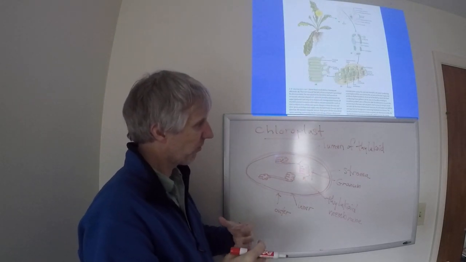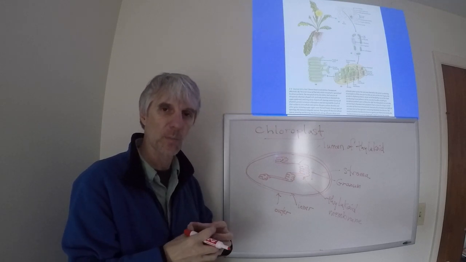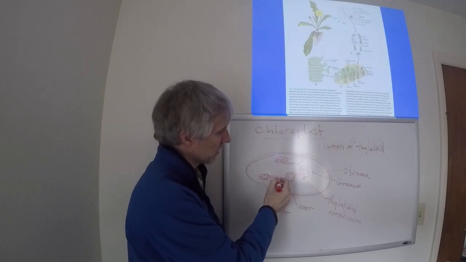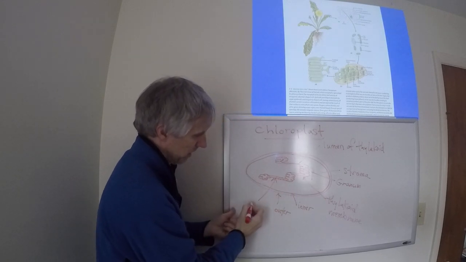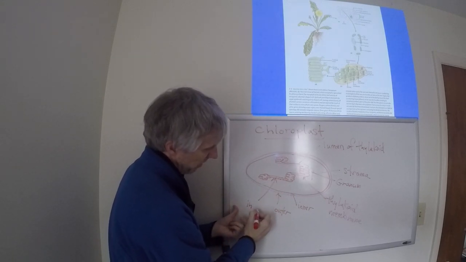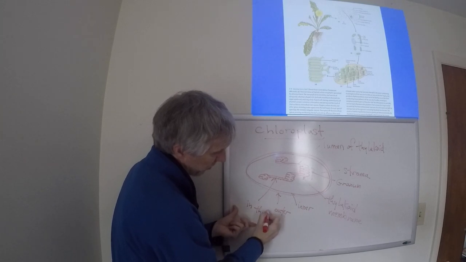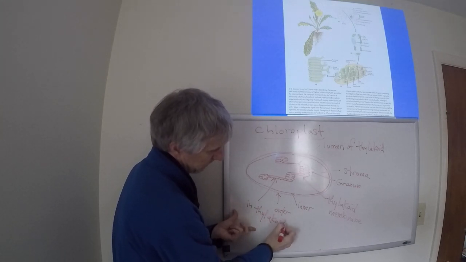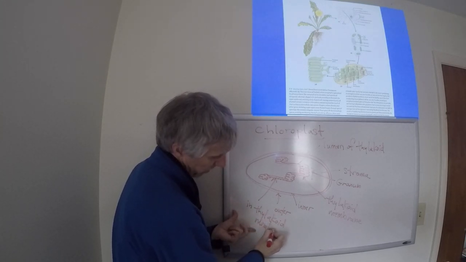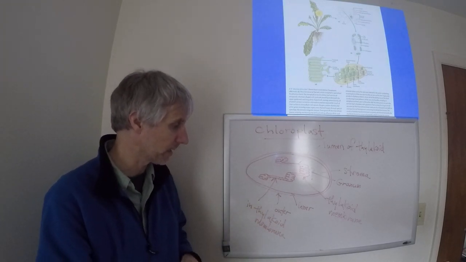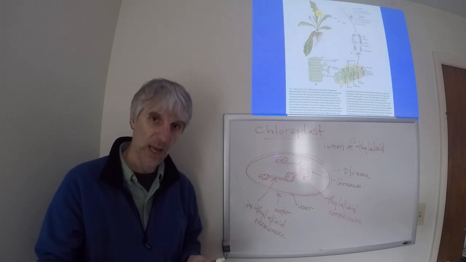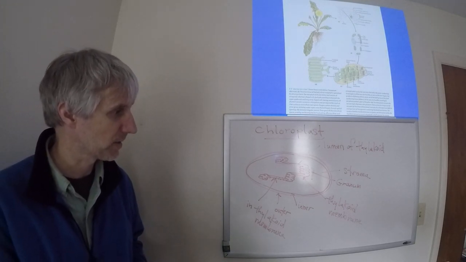If we're looking for the antennal complexes in the photosystems, they are located in the thylakoid membrane. If we're looking for these photosystems, this is where they're located, in the thylakoid membrane of chloroplasts.